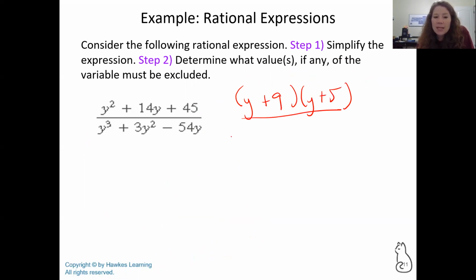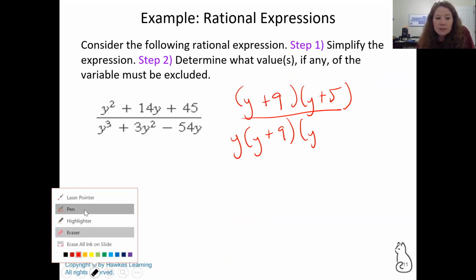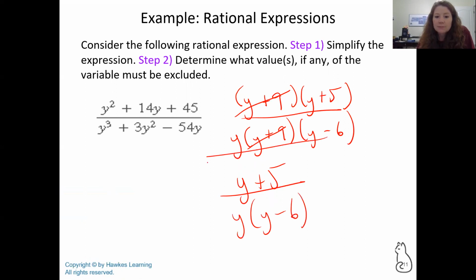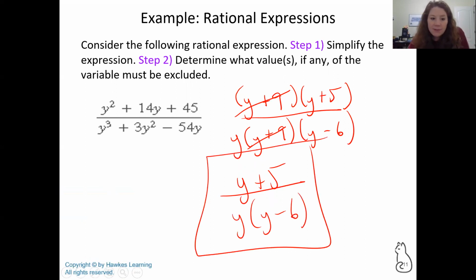And then our denominator was y plus 9 and y minus 6, right? So our y plus 9s cancel. So our final answer is y plus 5 over y times y minus 6. And that's our simplified answer.